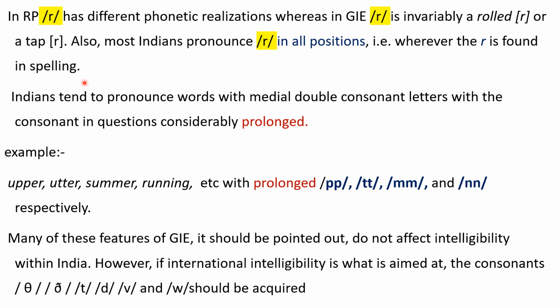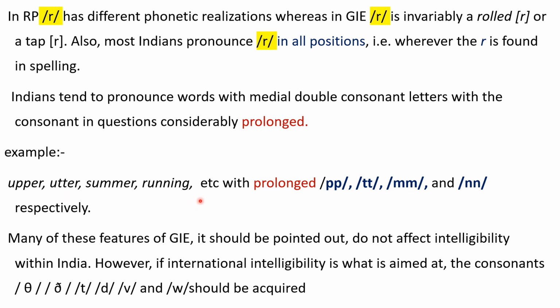So next, Indians tend to pronounce words with medial double consonant letters. Let's see some examples. They prolong those consonants, and they pronounce double consonants with prolonged articulation in English words. It's a direct result of phonological transfer from their mother tongue, native languages. So let's see examples: upper, utter, summer, running.